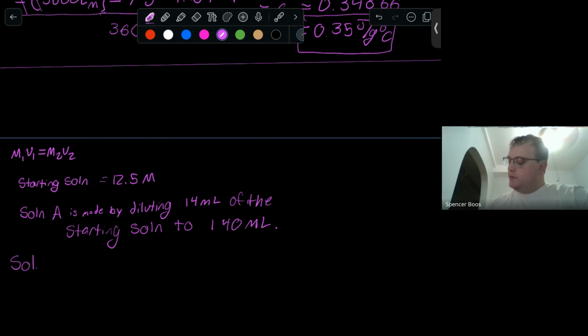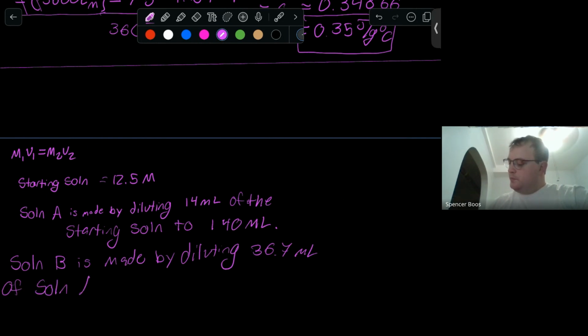Solution B is made by diluting 36.7 milliliters of solution A to, let's say, 73 milliliters.